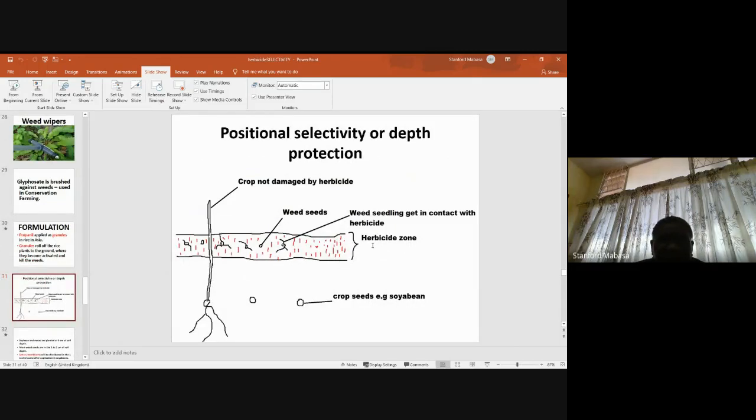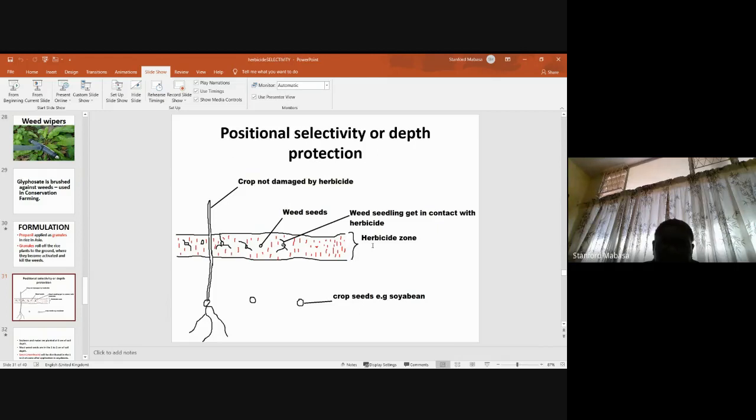Another situation is where we have a herbicide which, when applied, just sits on the soil surface because of its low solubility in water. This can give what is known as positional selectivity or depth protection.